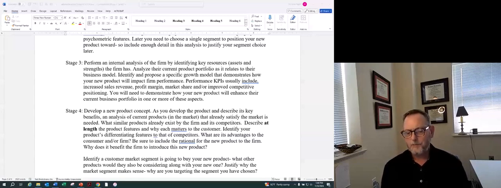Basically the idea is we look at what makes the company distinctive based on its resources or strengths or skill sets, really. If you think about how the company is able to be successful, what makes them successful? It's usually a set of skills or resources.